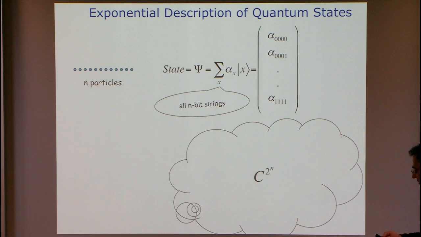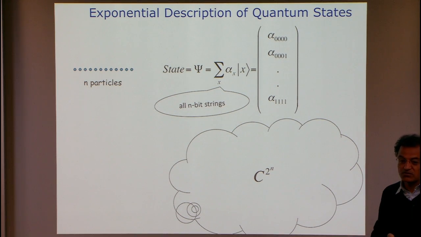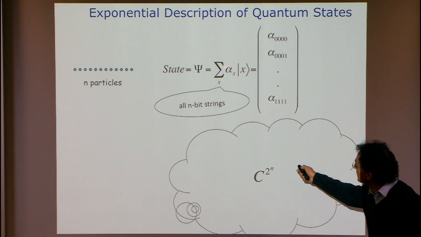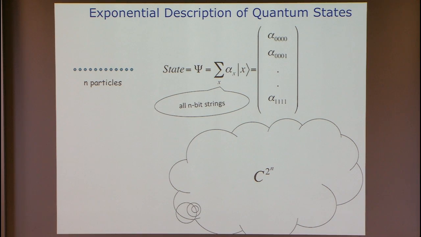So if it's an n-qubit system, the state is a superposition over all possible 2 to the n n-bit strings, each with its private amplitude alpha sub x, which is a complex number. Another way that we usually think about it is that the state is a unit vector in a 2 to the n dimensional complex vector space, the Hilbert space. Okay, so that's of course the starting point of quantum computation.